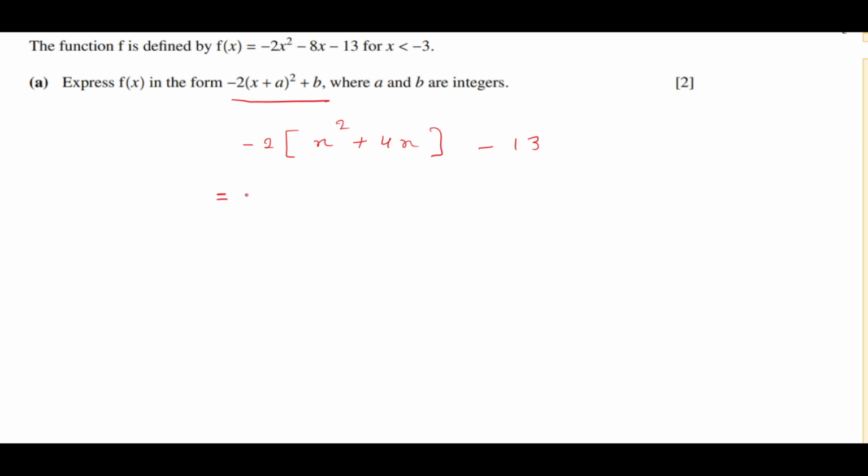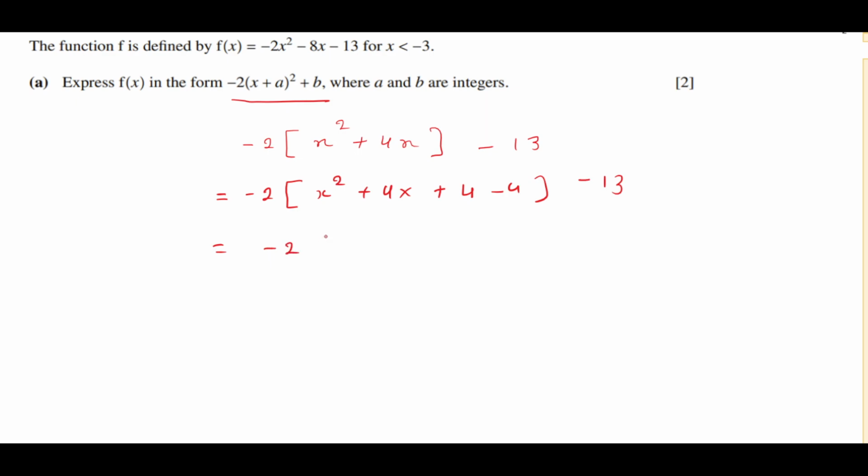So this will be minus 2, x square plus 4x is already there. So plus 2 square is 4, square of half of the middle term. I will add 4, subtract 4, and this minus 13 is as it is.